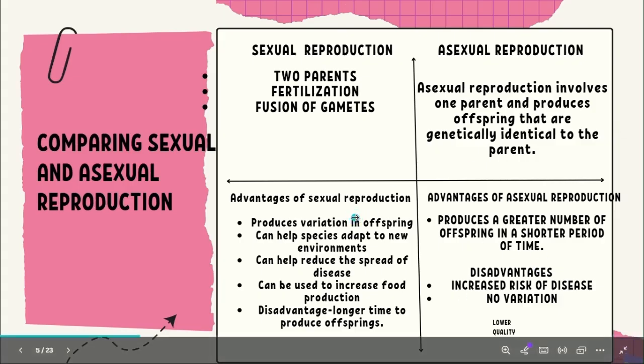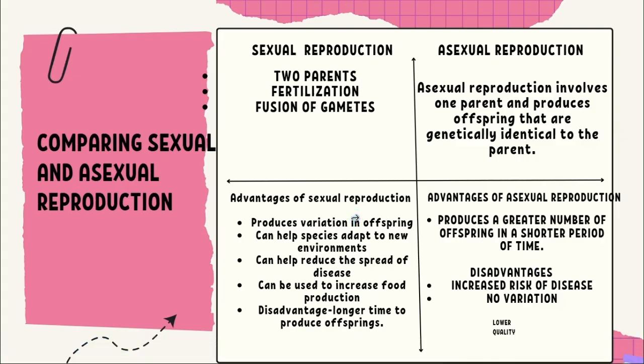But look at it like this. If there is no variation in asexual reproduction, and let's say there's a disease, and this plant does not have the mechanism to fight off the disease, the plant is susceptible to the disease.